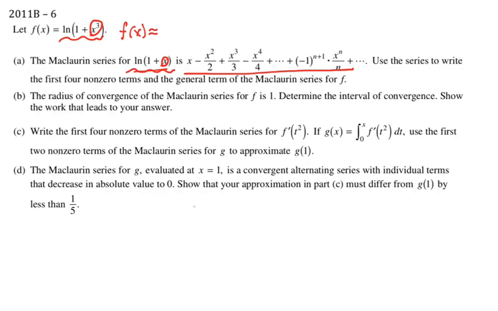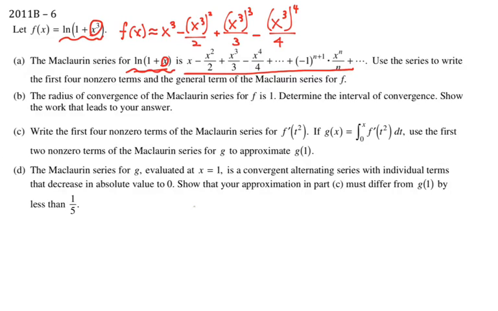So in place of x we have x cubed, minus x cubed squared over 2, plus x cubed to the third over 3, minus x cubed to the fourth over 4.